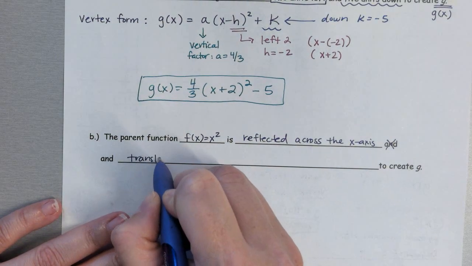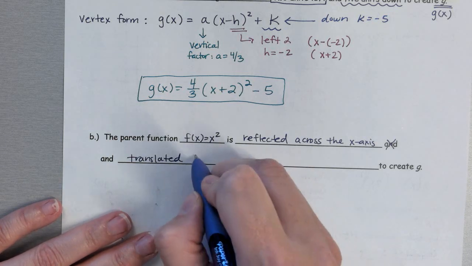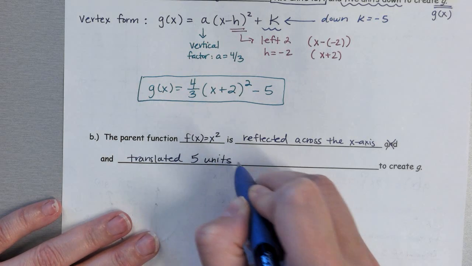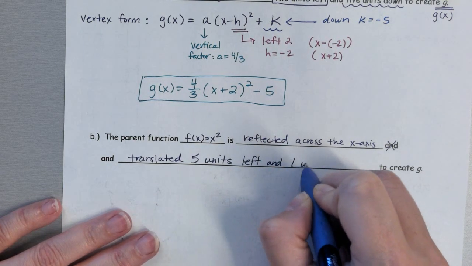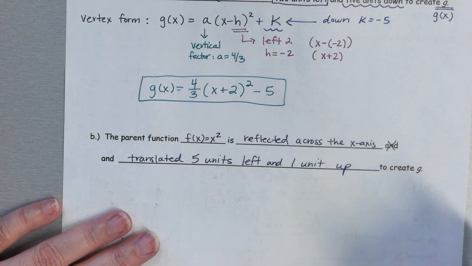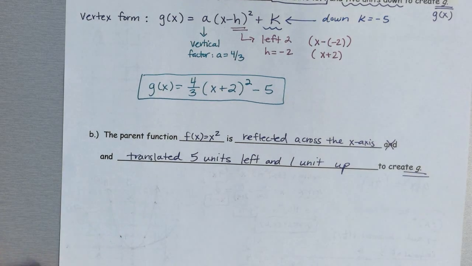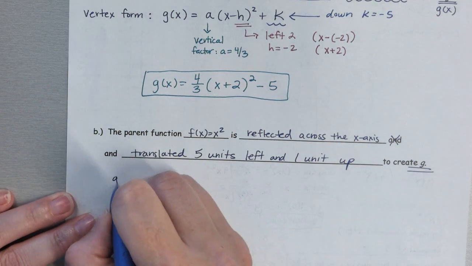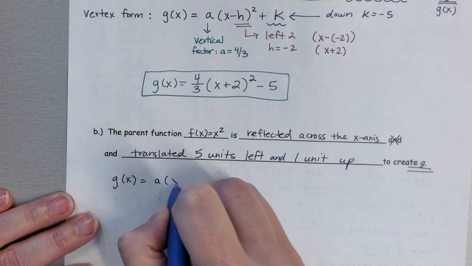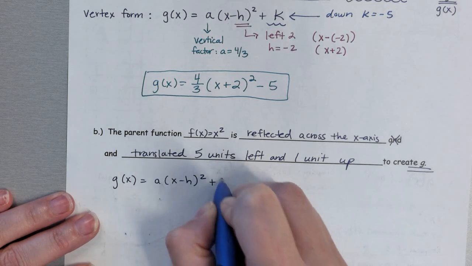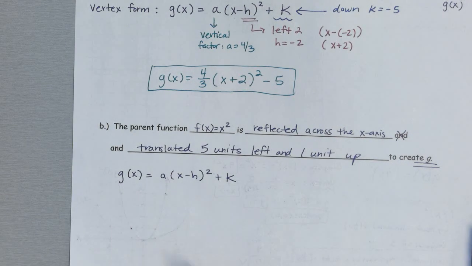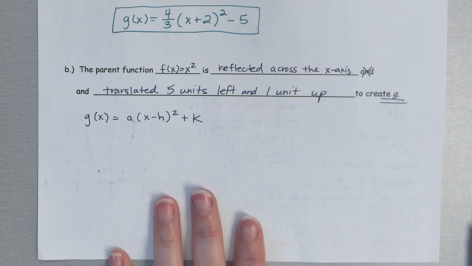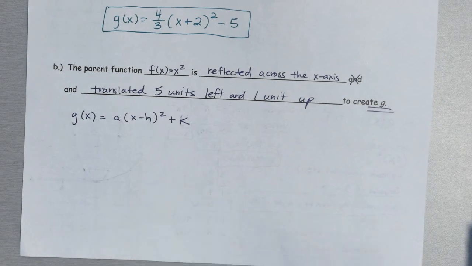And translated 5 units left and 1 unit up to create your g. Remember it's the same form here, and then I'm going to let you plug in what you know. Even if you're not sure how to do all of it, there are a couple things that correspond with what we did in the first one. So I want you to try to plug in some of those.